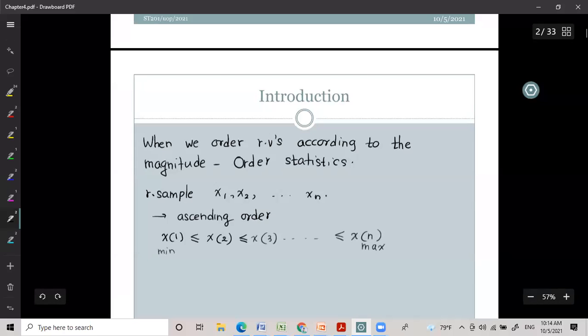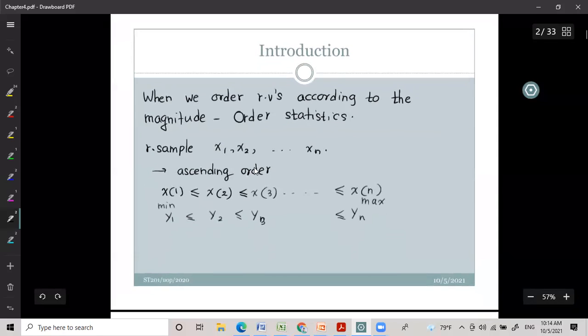Usually we denote them as y1, y2, up to yn. Remember that x1 and x parentheses 1 are different.